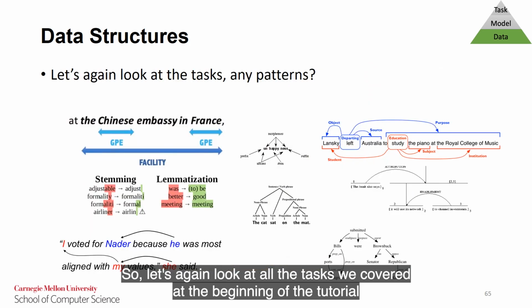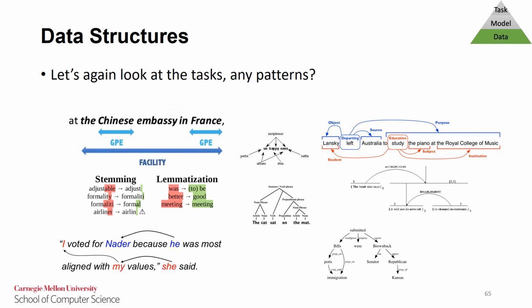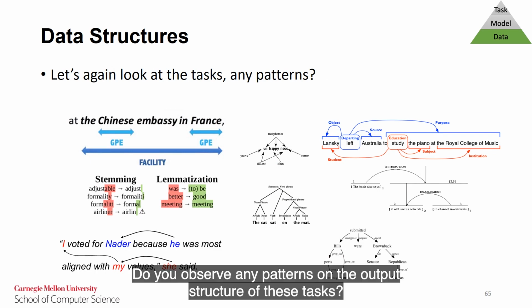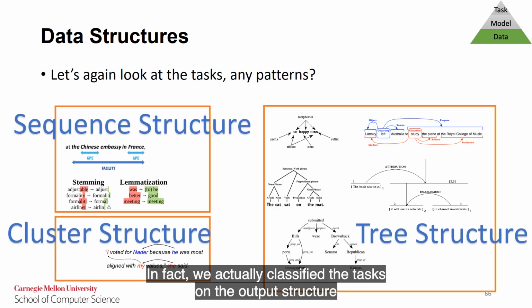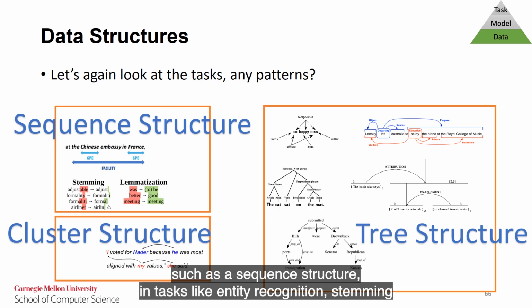So let's again look at all the tasks we covered at the beginning of the tutorial. Have you observed any patterns in the output structure of these tasks? In fact, we can classify the tasks based on their output structure, such as a sequence structure on tasks like entity recognition and stemming.